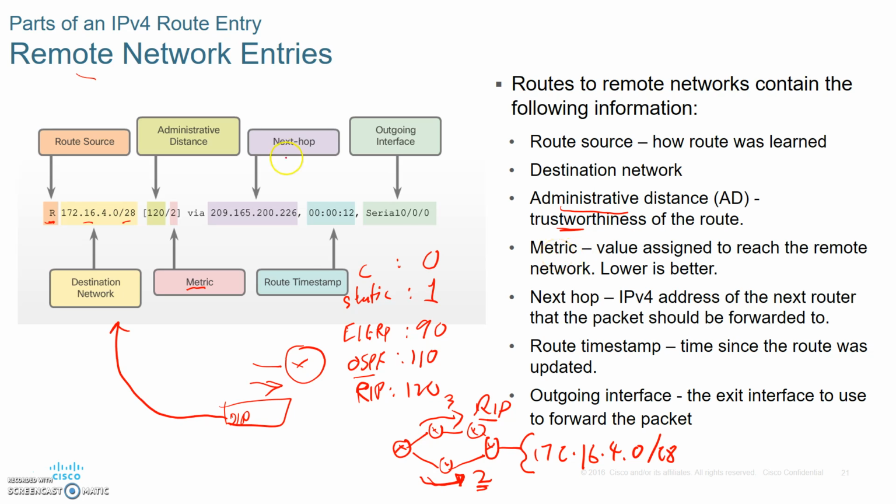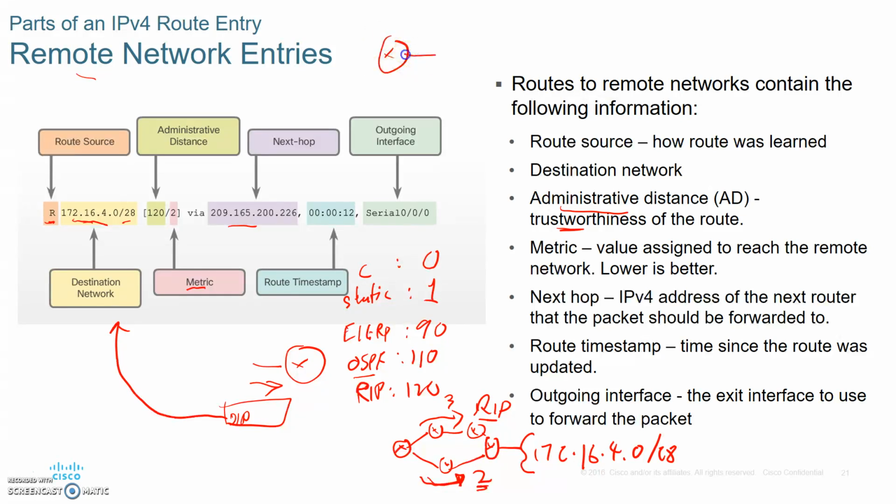The next field is called the next hop. Next hop is where to send the packet if I receive a packet going to this network. How should I send the packet? This will be the next IP address I should send it to. So next hop belongs to your neighbor's IP address.